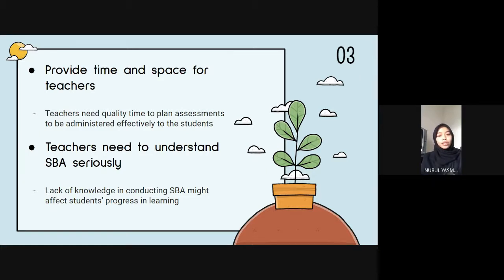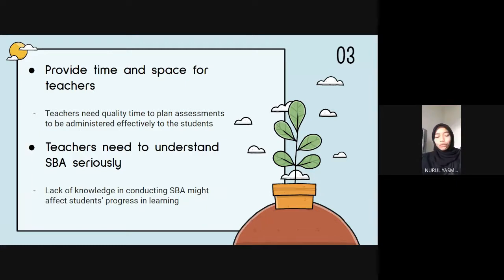And the next one is that teachers need to understand SBA seriously. Like I said earlier, based on the responses that we have taken from the excerpt, the teachers show very low knowledge of SBA. So these kinds of teachers need to gain more knowledge about SBA instead of making their own perception and understanding of the SBA.